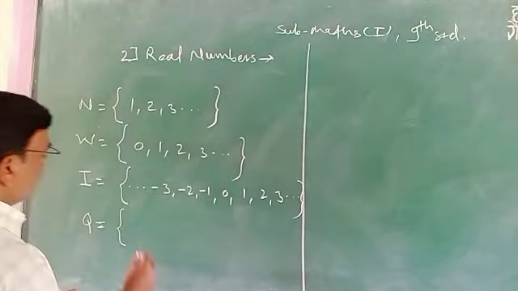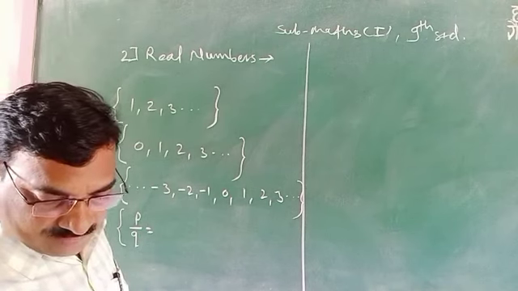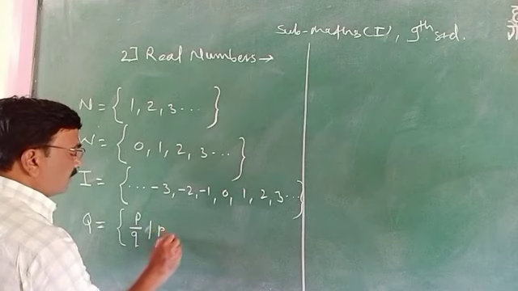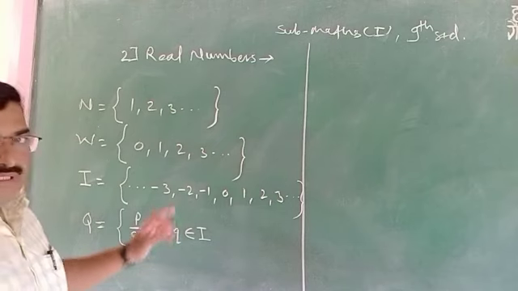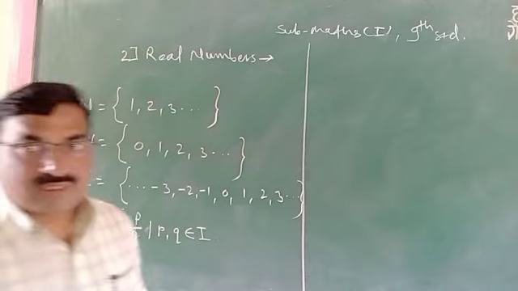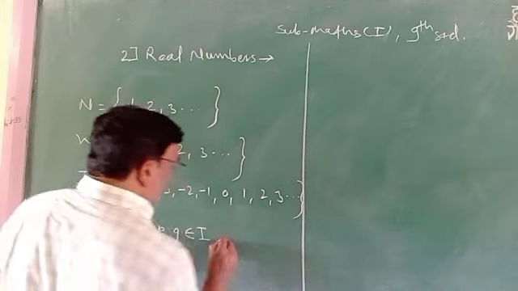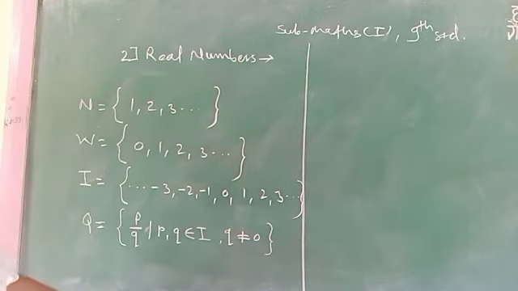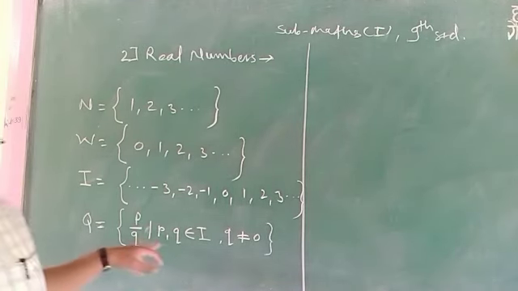That is, the set of p upon q numbers such that p, q belong to integers. It may be negative, 0 or positive numbers. And there is one condition: q does not equal 0, because to divide by 0 is meaningless.